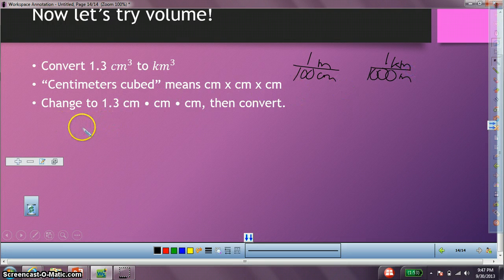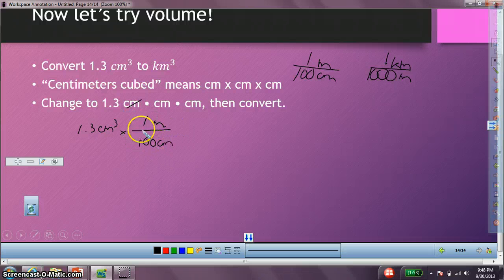All right, so first we have 1.3 centimeters cubed. We'll multiply that by our 1 meter over 100 centimeters. That eliminates one of our centimeters.